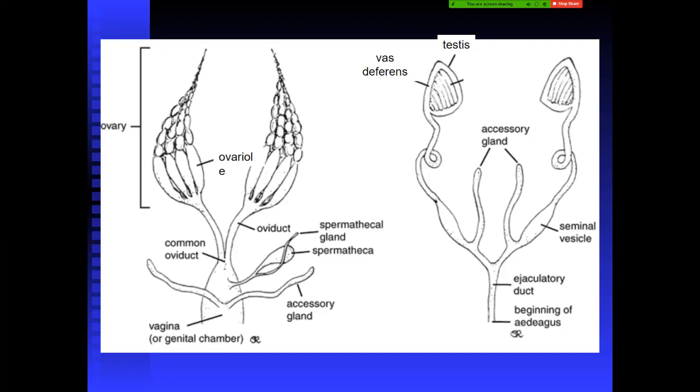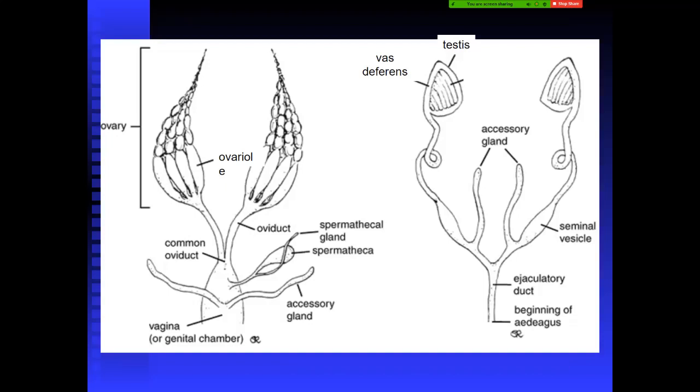So again, females often can hold on to sperm for an indefinite period of time and then fertilize their eggs over a period of time. And then here's obviously where they would hook up with the male. And here are the accessory glands that are often providing nutrients and fluids and whatever else is needed in the reproductive system.